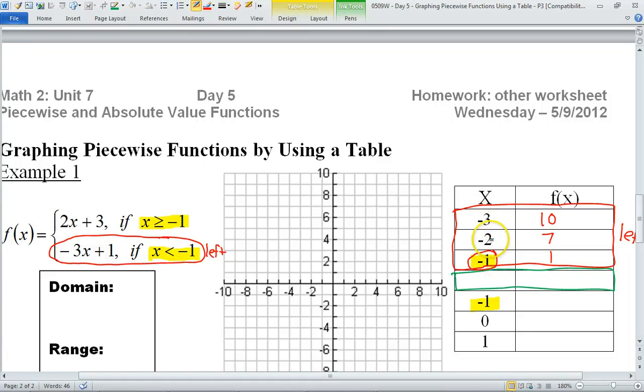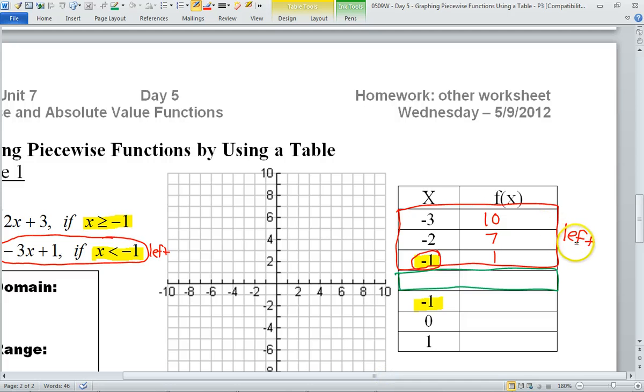So this is the less than side. So that is the left part of the picture. The other numbers that go negative 1 and then 0 and 1, those are the bigger numbers. So when I get to that side, this will be the right-hand side. Okay? So the smaller numbers will always be the left-hand side.